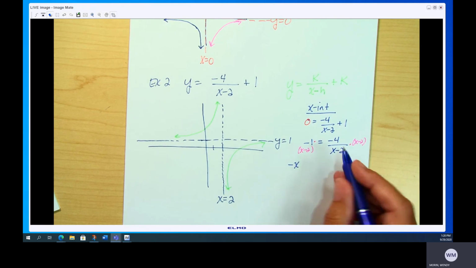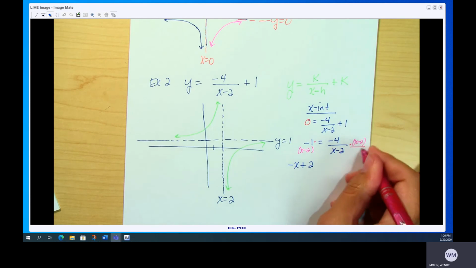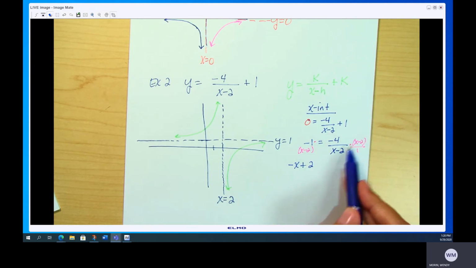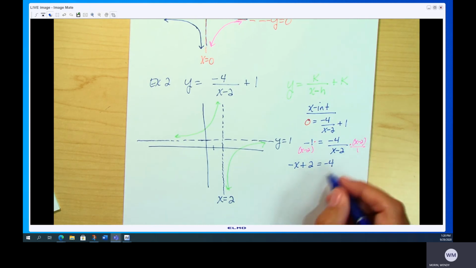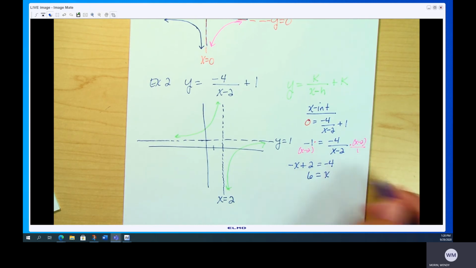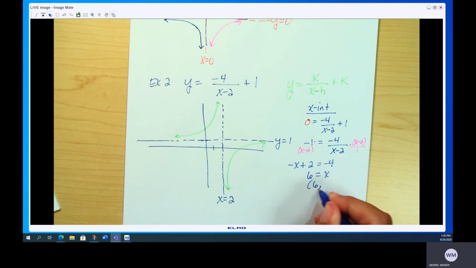That's going to be negative x plus 2. And if you want to think of this as over 1, because that's easier for you, these factors cancel, and you're left with negative 4. So 6 equals x. So your x-intercept is (6, 0).